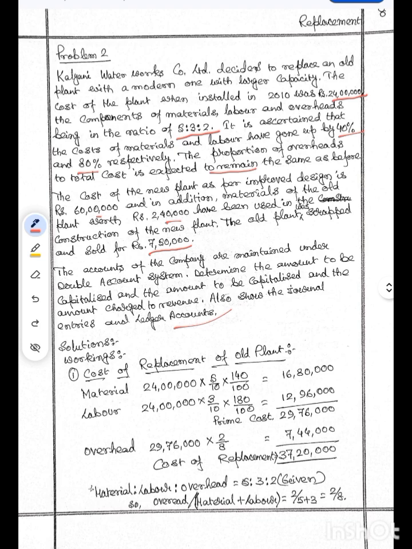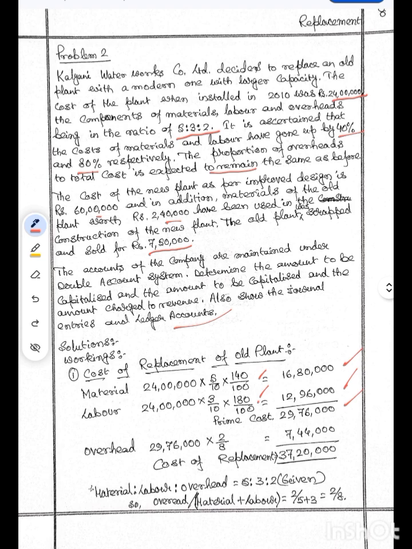For material, it is 24 lakhs, then 5/10 is the proportion, and thereafter a 140% increment, so 140/100, and it comes to 16,80,000. For labor it is 24 lakhs into 3/10 and it has gone up by 80%, therefore 180/100, that is 12,96,000. These two are added and it comes to 29,76,000. Now come to our overhead.